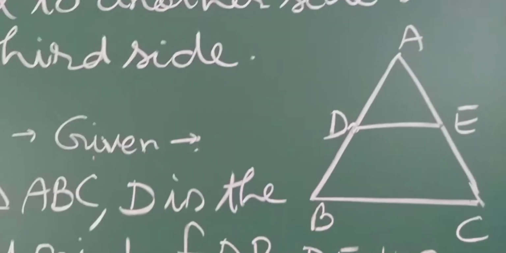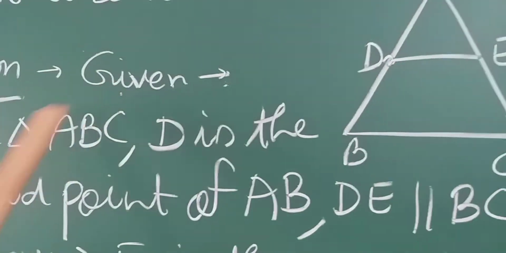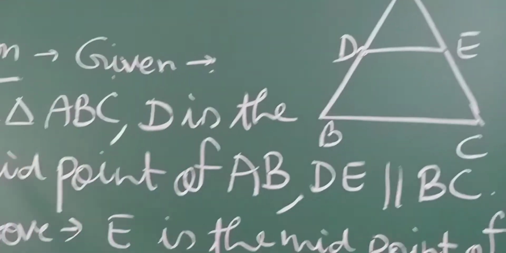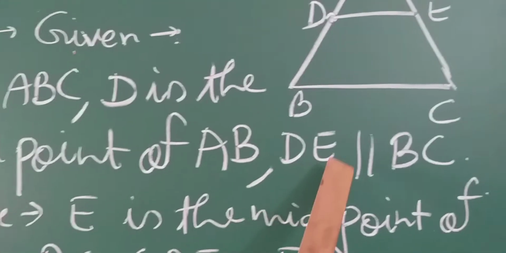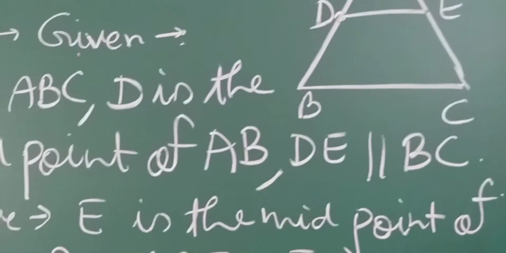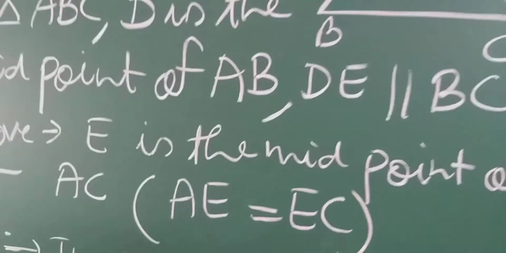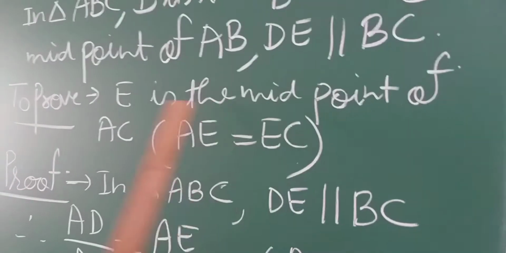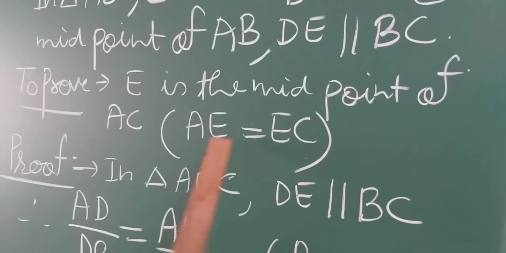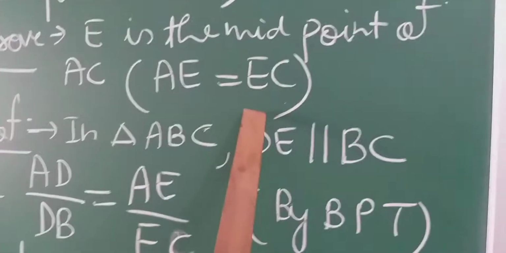This we have to prove, student. So I have written given in triangle ABC, D is the midpoint of AB and DE parallel to BC. To prove E is the midpoint of AC, AE equals EC, we have to prove, student.